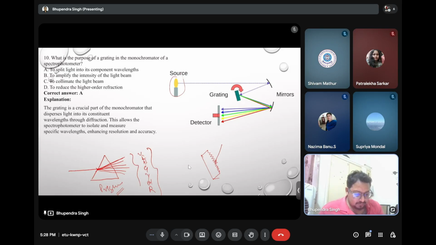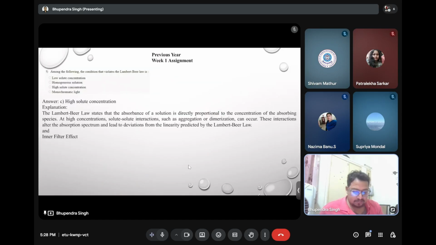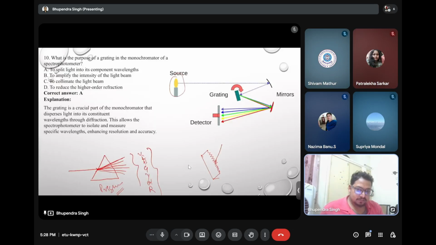After the grating, it hits this mirror and goes to the detector. So here we have a pinhole, this pinhole in the detector.